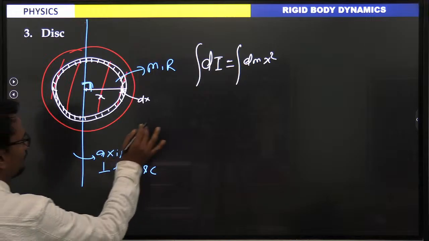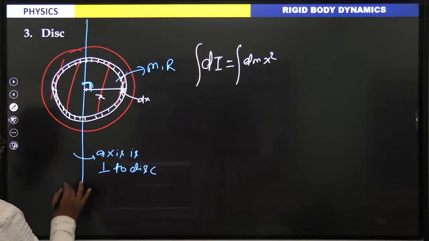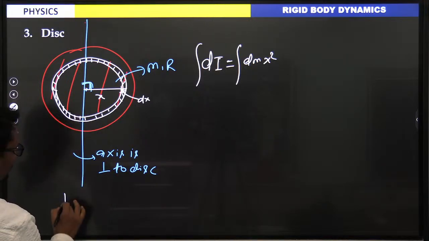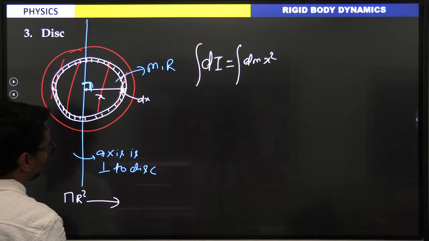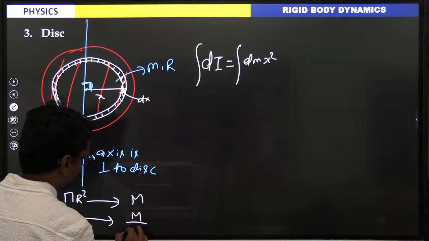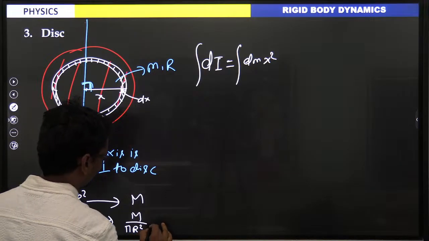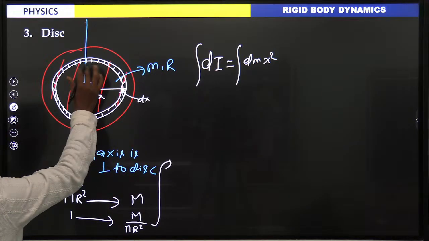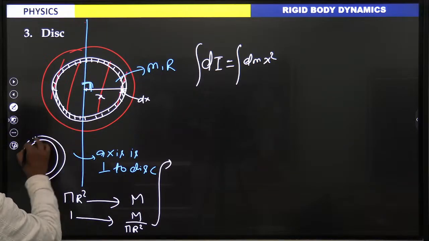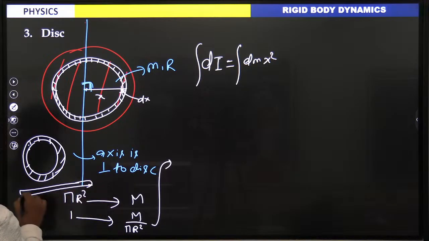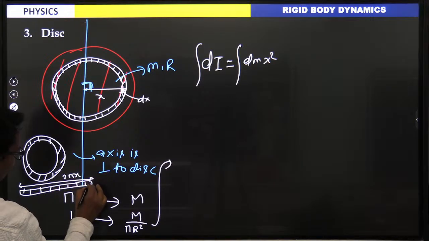Then how will I find it? Simply, you can look here, this is the disc. This is a 2D surface. So over the complete pi r square surface, the mass distributed is m. So per unit area the mass distributed is m upon pi r square. So what is the area of this strip? You can take this strip and cut it here. The strip looks like a rectangle, with length 2 pi x and width dx.